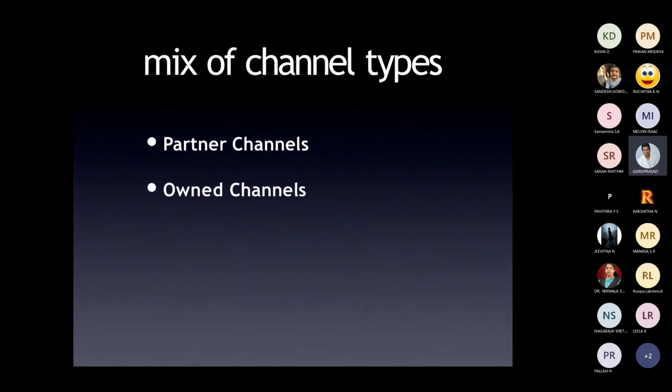So what are the channel types? That is the partner channel and the own channel. What is the partner channel? It leads to lower margins, but it allows an organization to expand its reach. Say for example, an unknown company launching in India.